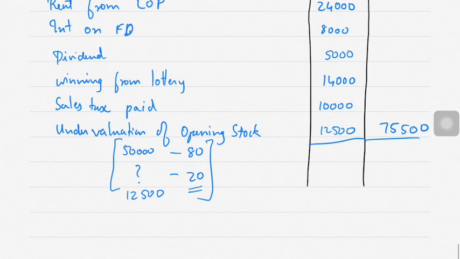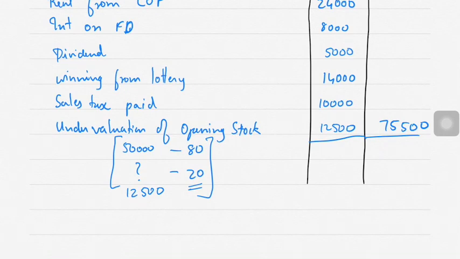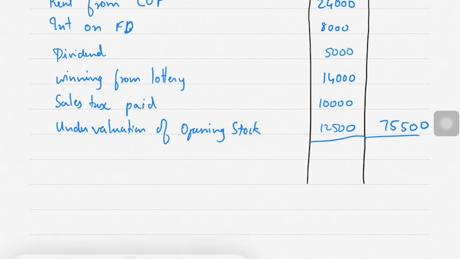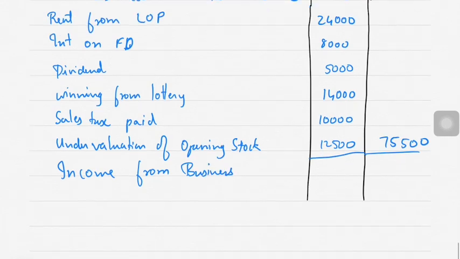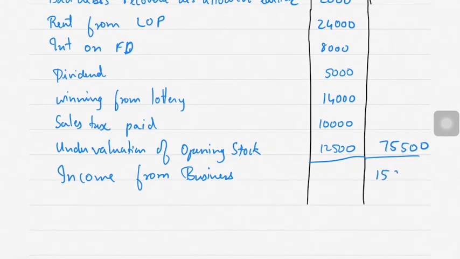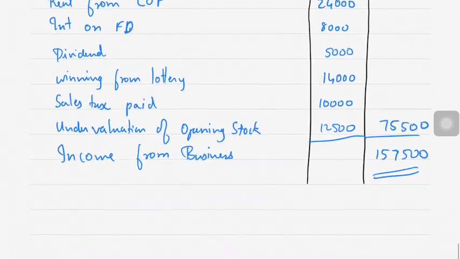Subtract the 75,500. So my income from business comes to 1,57,500. Okay.